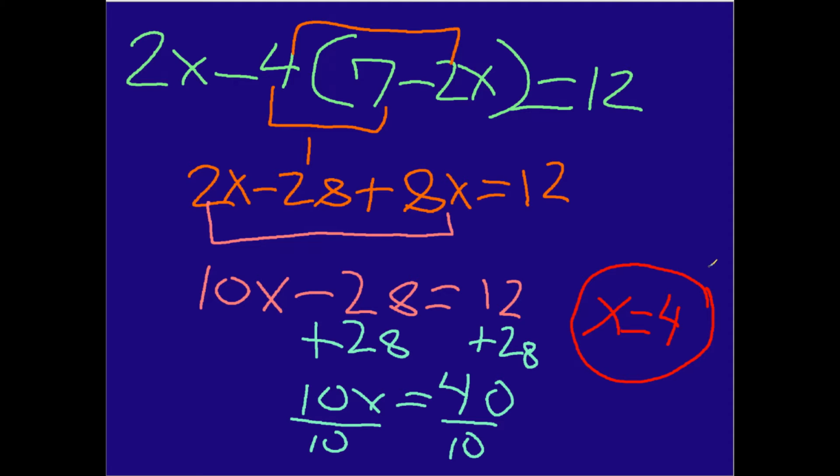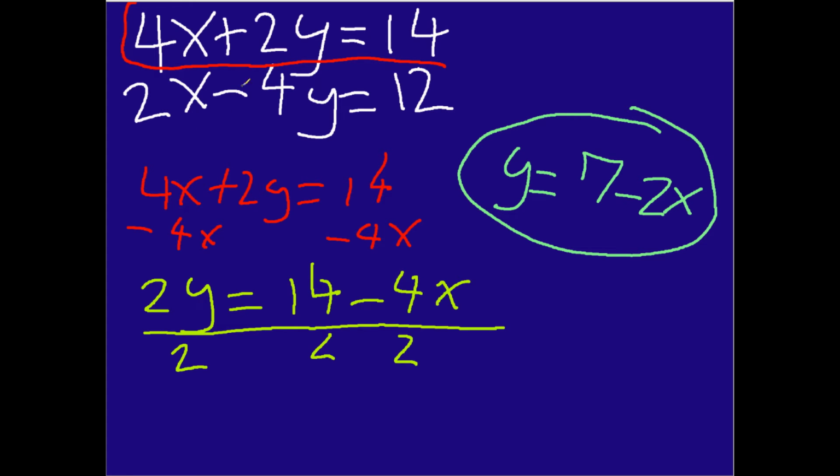Now we take this value 4 and plug it into one of the original equations to figure out what y is. Because remember, when we first solved for y, we got an equation, we didn't actually get a number. So let me go back here. 4x plus 2y equals 14.